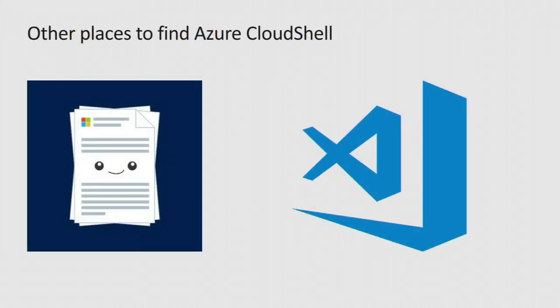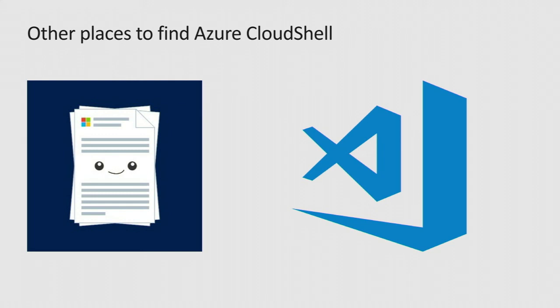I've mentioned, and we're going to see all of this in demonstration, that you can open this up directly from the Azure portal, but we'll see it in other places as well. docs.microsoft.com is our new documentation platform. I say new, it's a couple of years old now, but we're all really proud of it. It still feels fresh and new. We've actually got Cloud Shell integration directly in our documentation now.